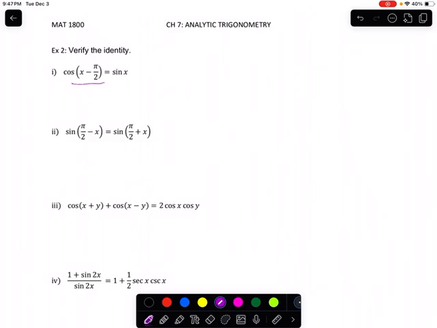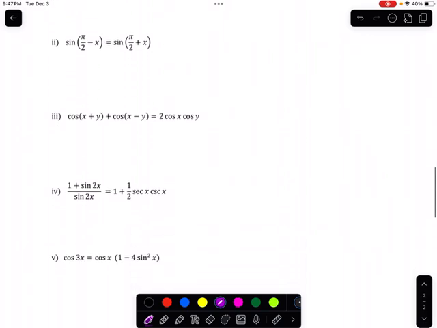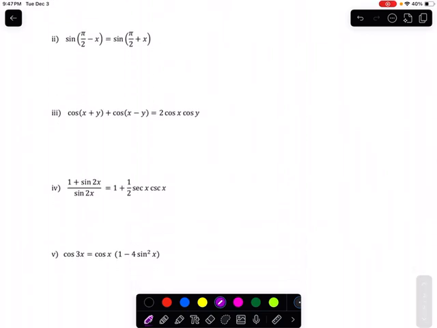A bunch of these types were given, and I told you don't have to memorize these, because you can always find out the value by applying the sum or difference formulas for sine or cosine.